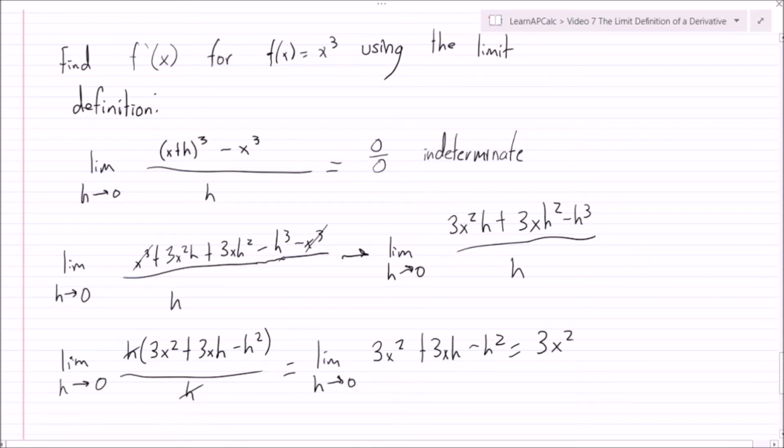So I can find that our derivative here is 3x squared. So if you're left with x's, that is a good thing, but you won't always be. But here we can see that our derivative is 3x squared, because after I plug in 0 for h, this is what we're left with.